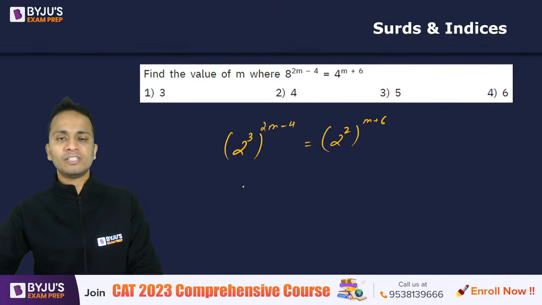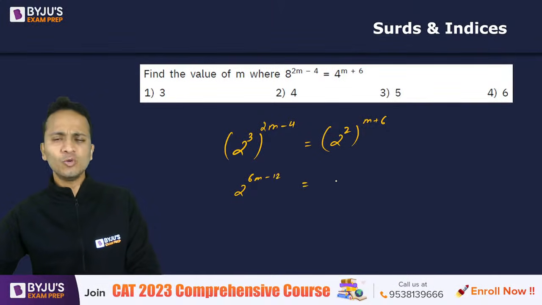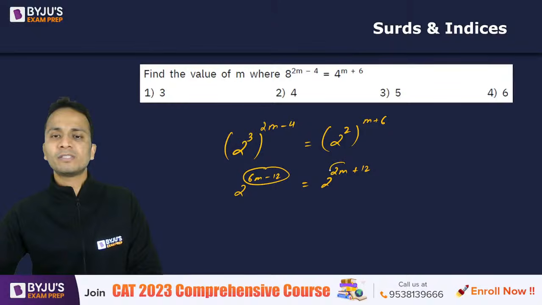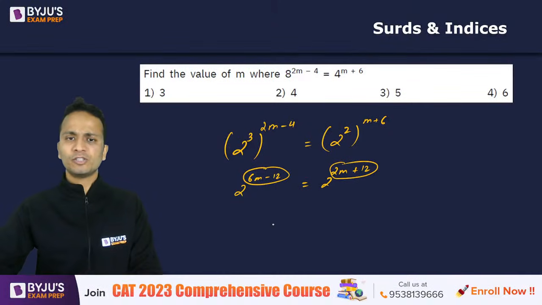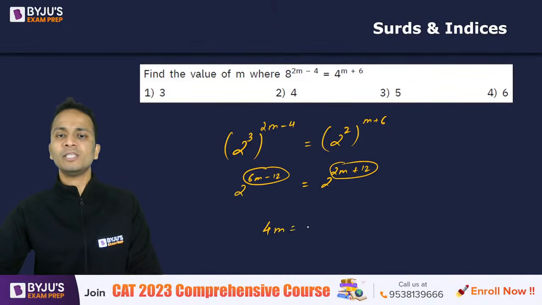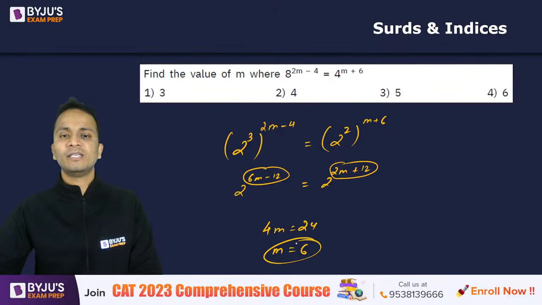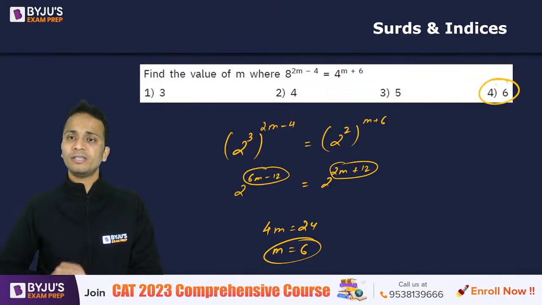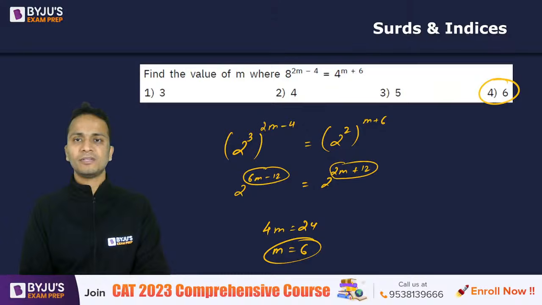So left hand side will become 2 raised to the power, now multiply these two powers, 6m minus 12, equal to 2 raised to the power 2m plus 12. Now you can equate these powers. Okay, let's equate the powers. So it will be 4m is equal to 24. So the value of m is equal to 6. So m is equal to 6, which is option number 4, and that is the correct answer, right?